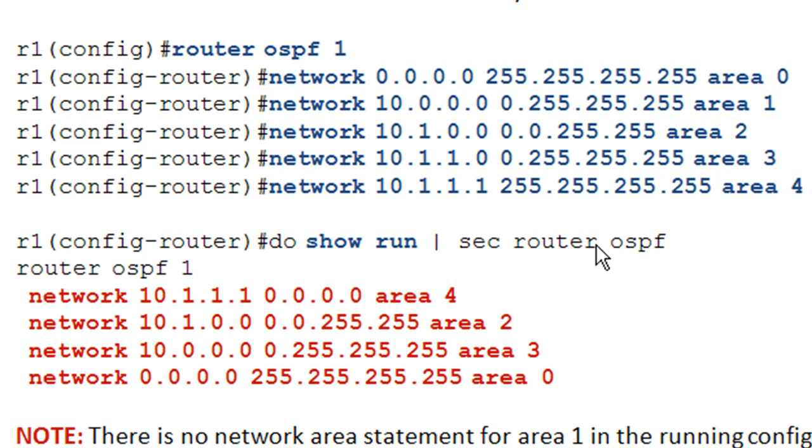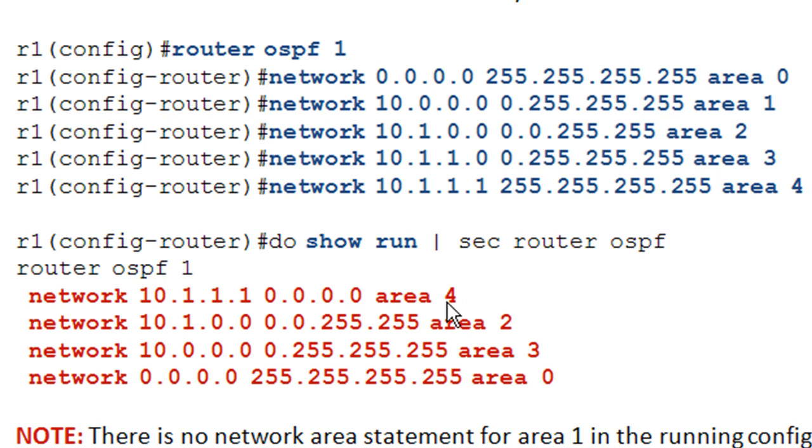But if we do a show run and we're just doing a section router OSPF to just get to that section, we can see here that these don't show up in the order that we entered them. So this area 0 is actually at the bottom. And the reason for that is because it's the least specific. It's basically the catch-all. It's saying that everything matches this. Whereas this first command is a quote-unquote host route, so it's only going to match on 10.1.1.1, and it's going to assign it to area 4.